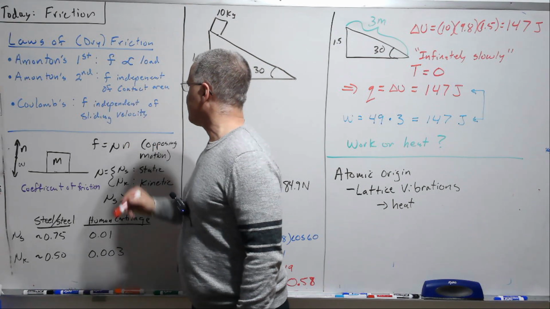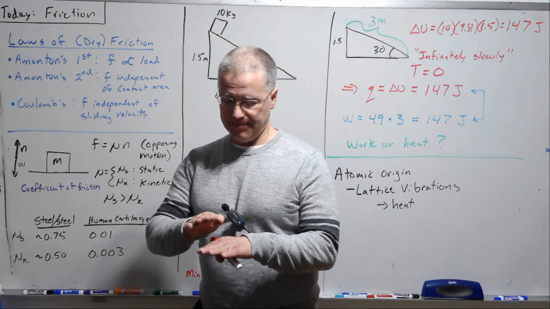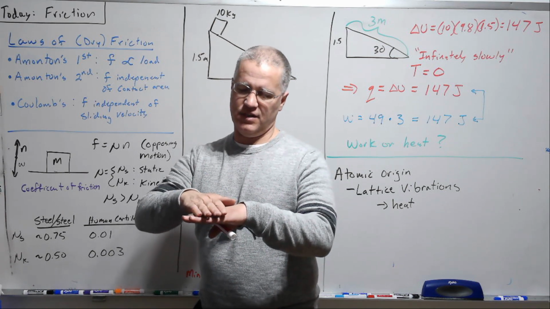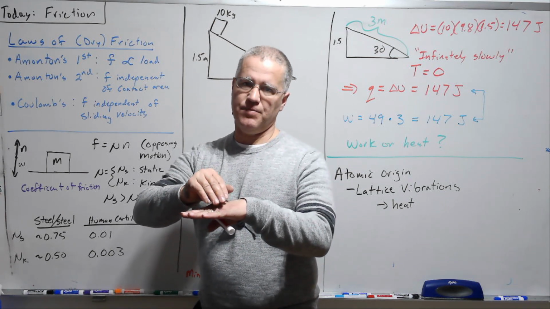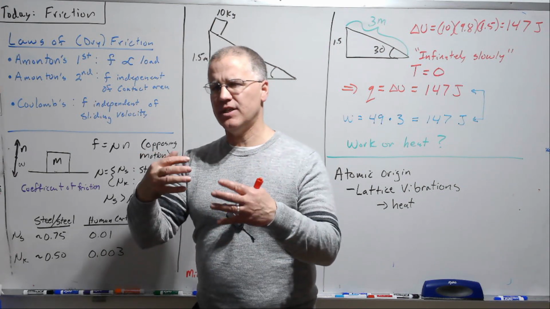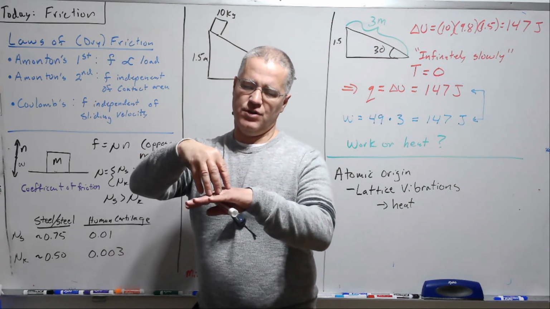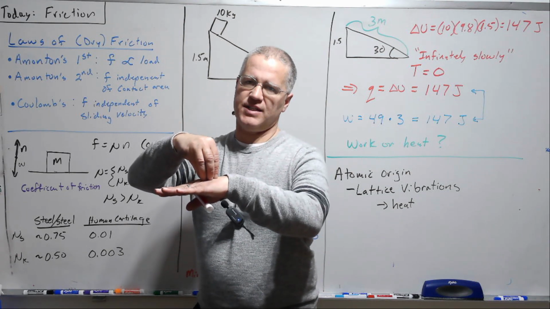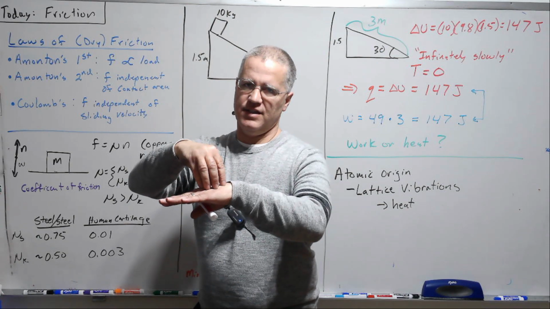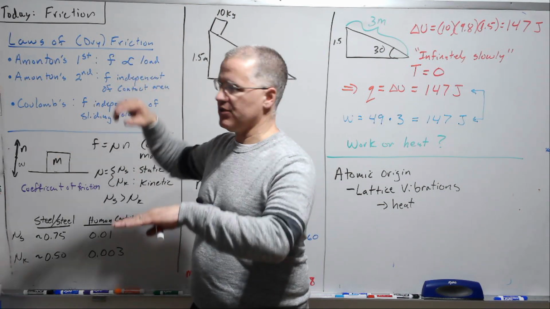Second law is that, interestingly, and maybe somewhat unintuitively, the friction is independent of the contact surface. And you can kind of intuit that by if you have a smaller contact surface, then the load per area is bigger, and we're proportional to load.